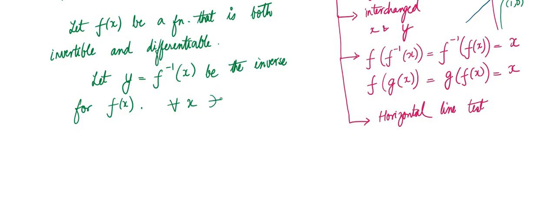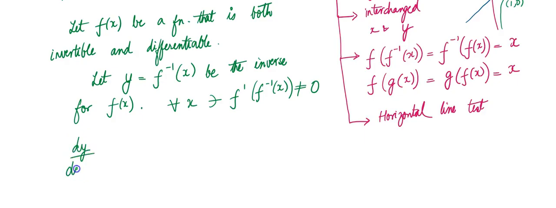You can pause and replay the video to know what those stood for. f prime of f inverse of x is not equal to 0. So we want the function to be differentiable, but we don't want the derivative to be equal to 0 at f inverse of x, meaning we don't want a horizontal tangent at that point.